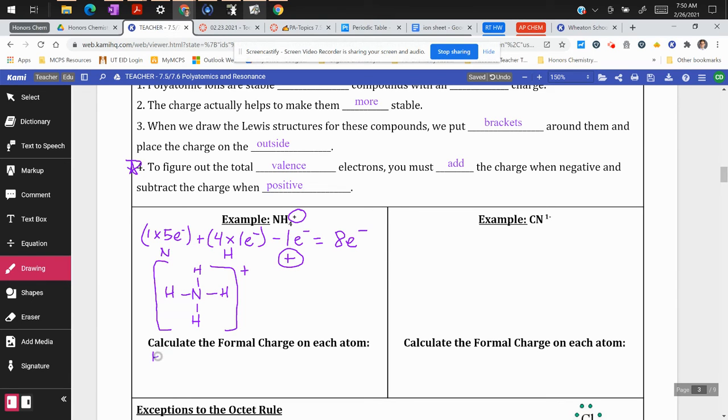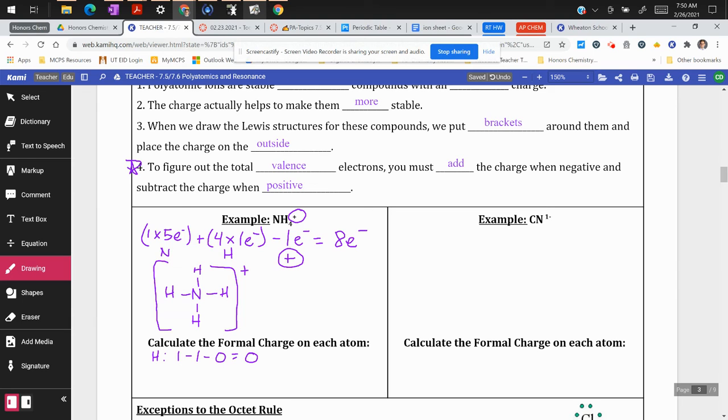So for hydrogen, hydrogen normally has 1 valence electron, it has 1 bond, and it never has any lone pairs. So the formal charge for hydrogen is 0, and it is always going to be 0 because it can only have 1 bond. So for that reason, I usually don't ask students to calculate the formal charge on hydrogen atoms.